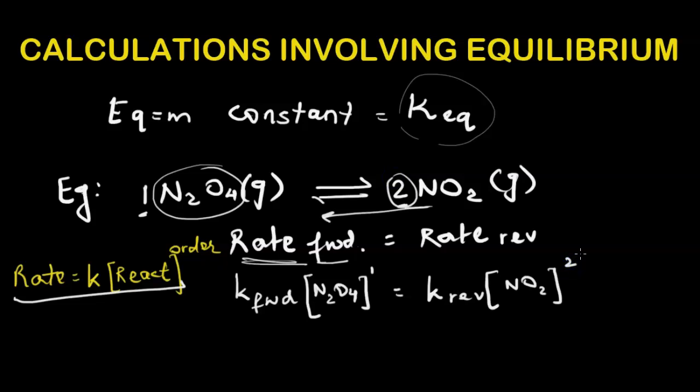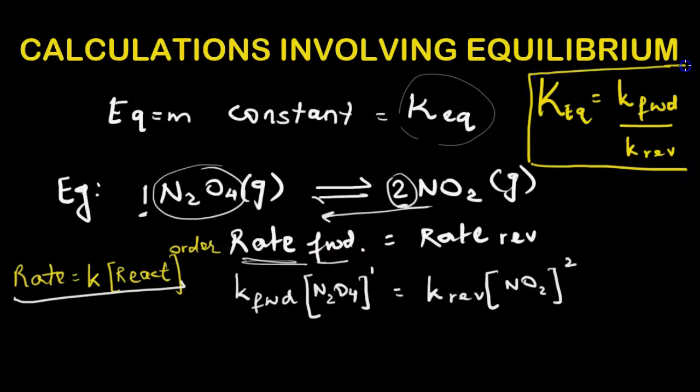Now here we have to remember that K equilibrium or equilibrium constant is always equal to k forward divided by k reverse. This k is the lowercase k, or the rate constant forward divided by rate constant reverse will give us equilibrium constant.